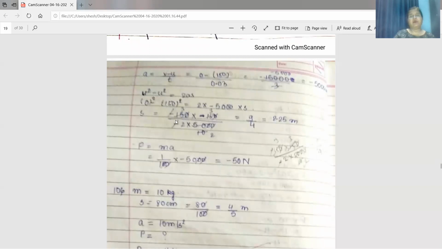Therefore, S equals to minus 150 into 150, minus will be only one time here, divided by 2 into minus 5000. So minus minus will get cancelled and when you calculate it, you will get 9 by 4 which is equal to 2.25 meter.